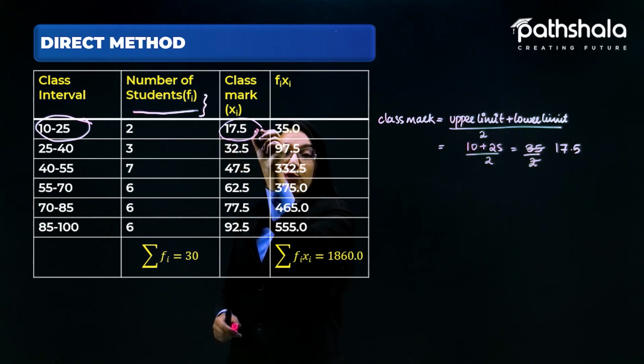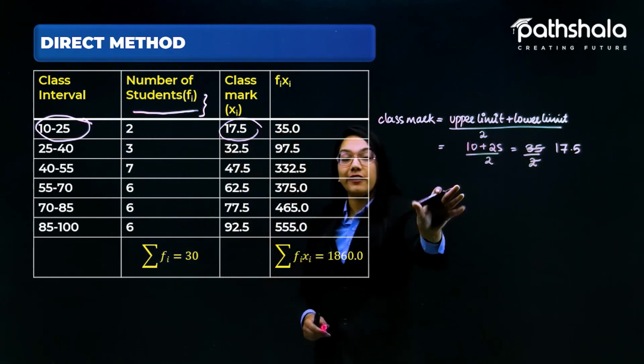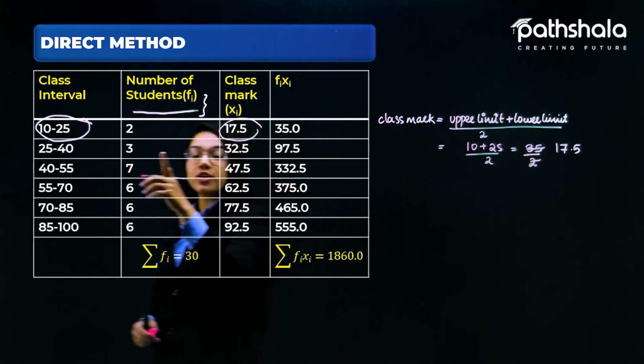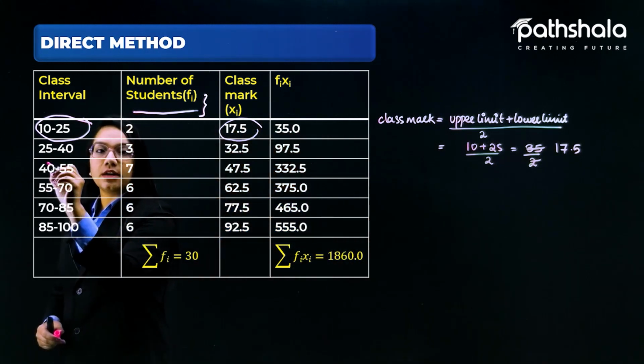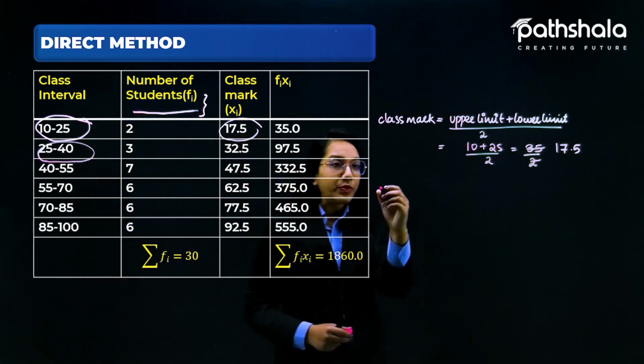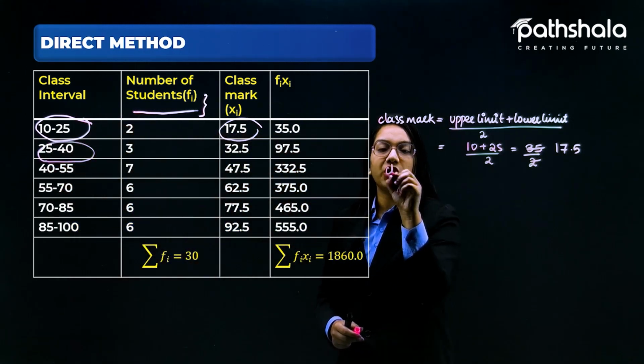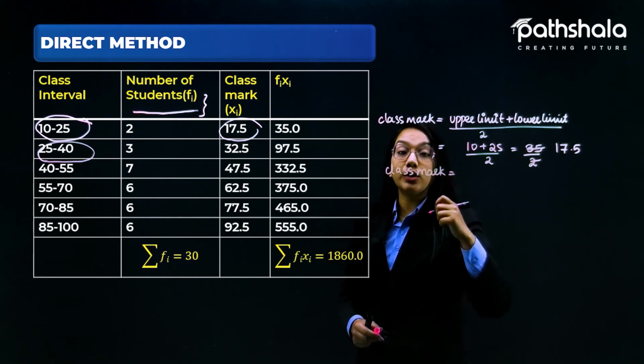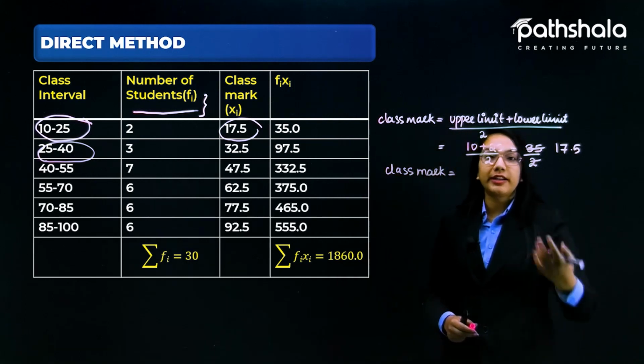Using this formula, I have calculated all the class marks. For the next one, we have the class interval 25 to 40. Let's find the class mark for this one. The class mark for the second should be equal to upper limit plus lower limit divided by 2.